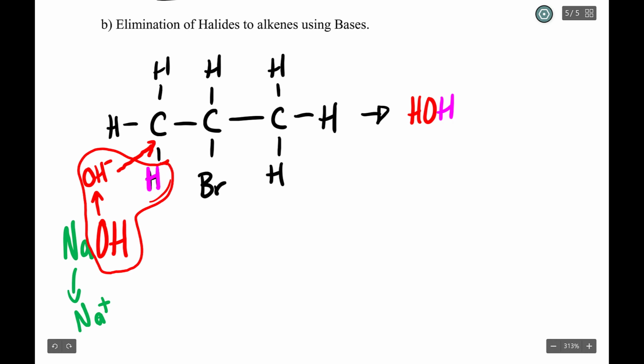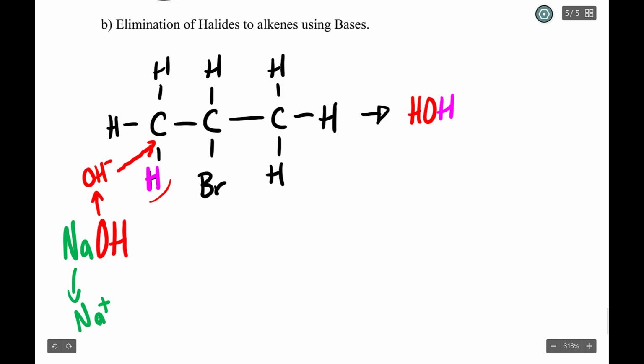Okay. Now what happens is this carbon has a lone electron here. And so this carbon here ends up kicking off this bromide, wanting to make a double bond, because of course in an elimination we are going to form a multiple bond.